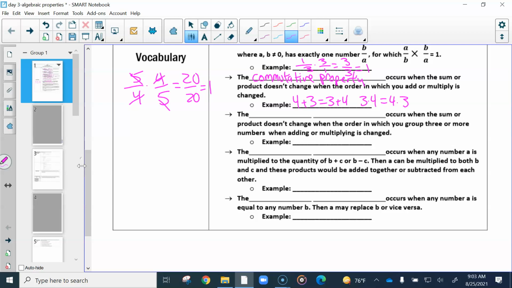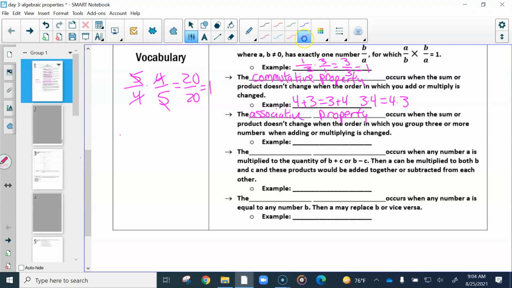The associative property occurs when the sum or product doesn't change when the way you group 3 or more numbers when adding or multiplying is changed. An example of that, this space is too small, so I'm going to write it right here.